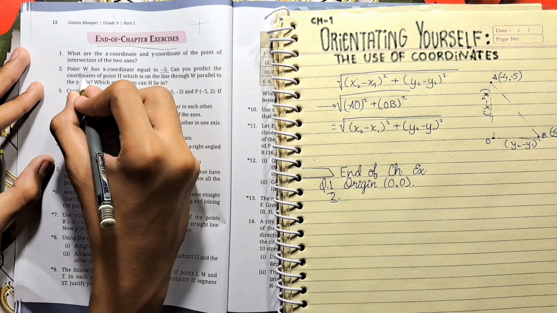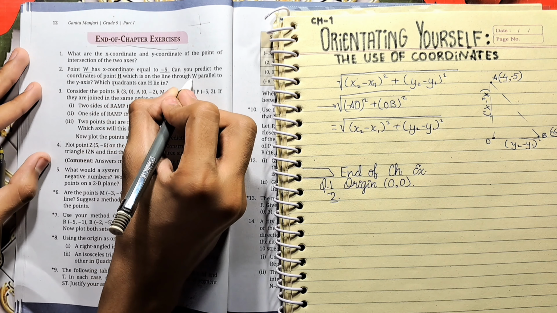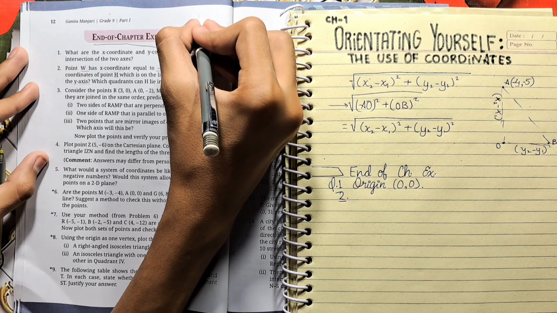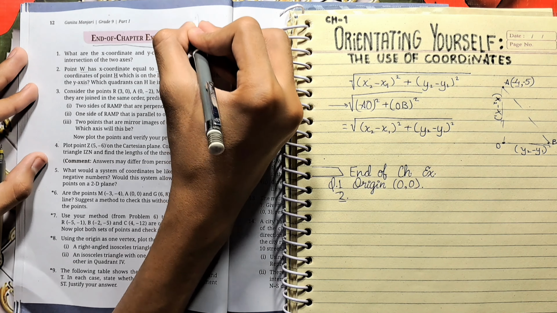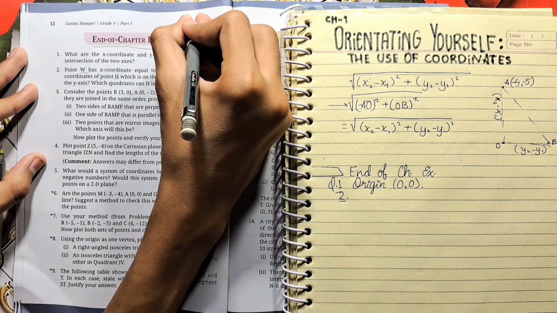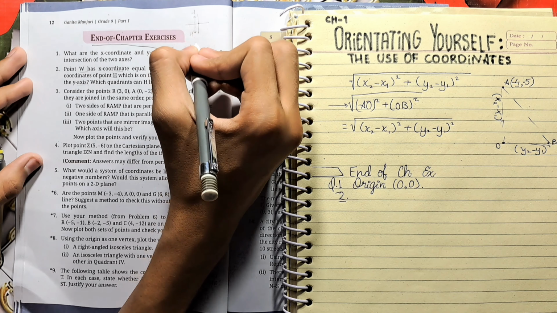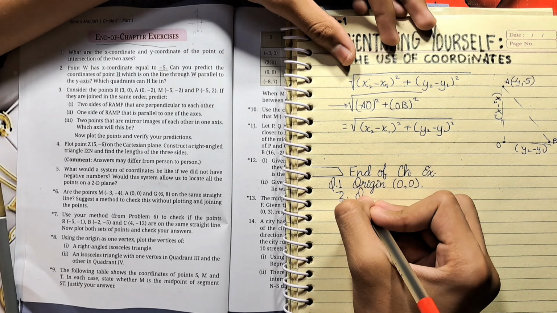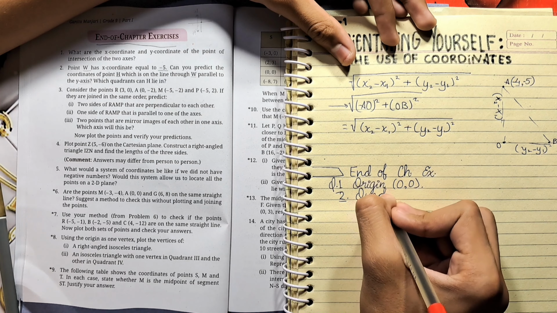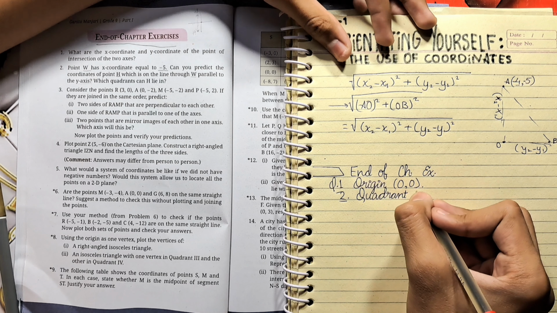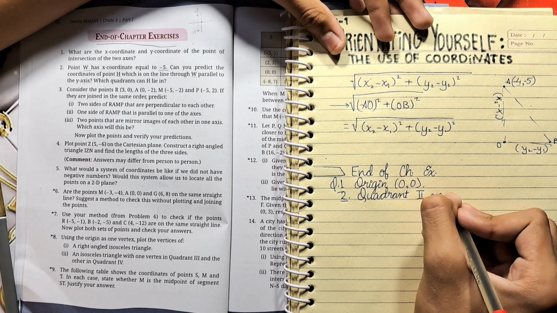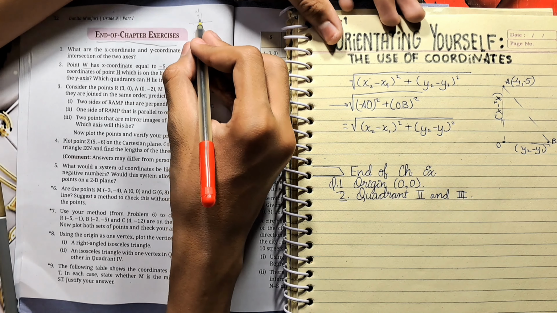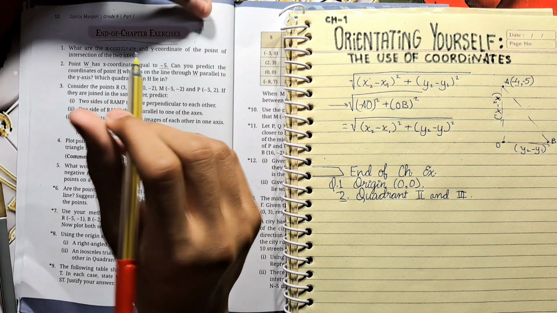There is a line that is parallel to the y-axis, and here lies W and here lies H. So H can lie in quadrants 2 and 3. If it is parallel to y, it can lie either in the second quadrant or the third quadrant.